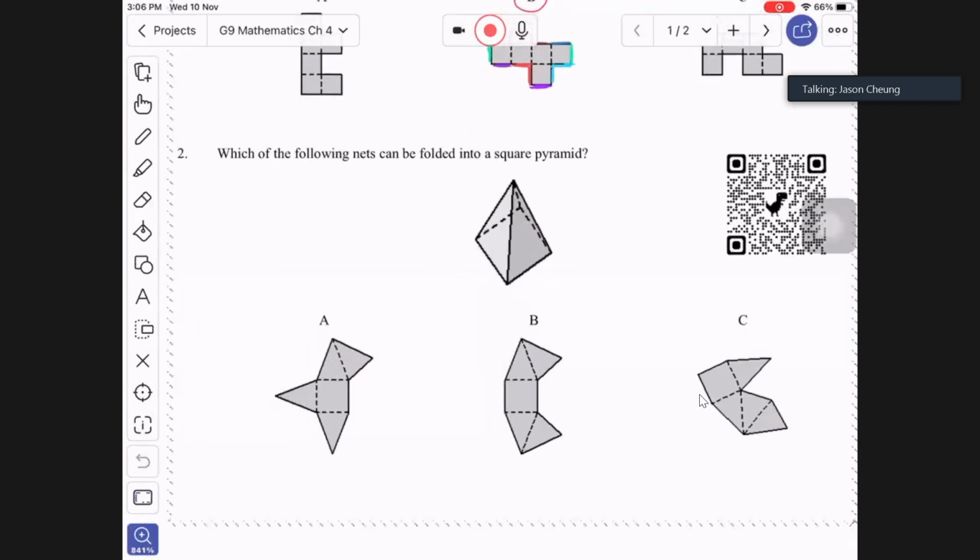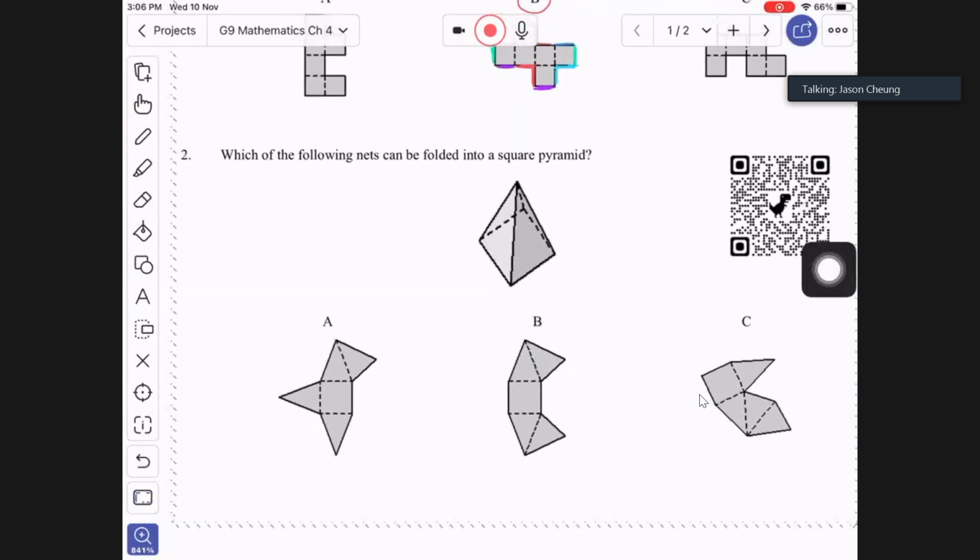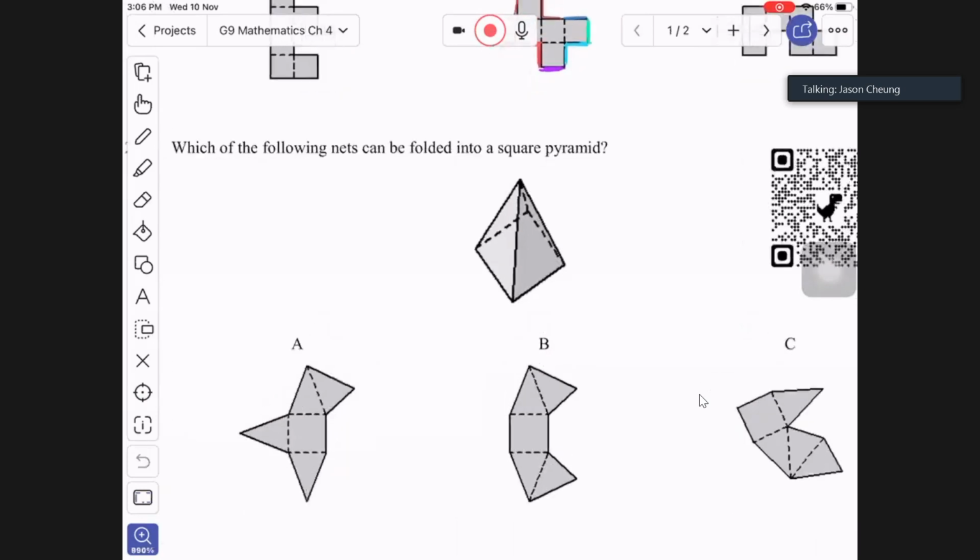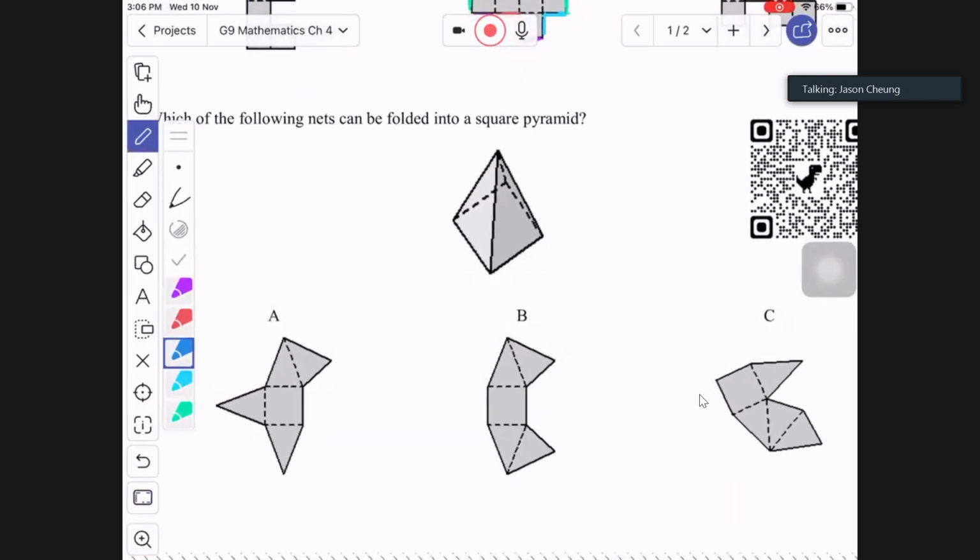Okay, the second one, a square pyramid. First of all, let me do a quick revision with you. A square pyramid, which means that this word square suggests that the base will be a square.